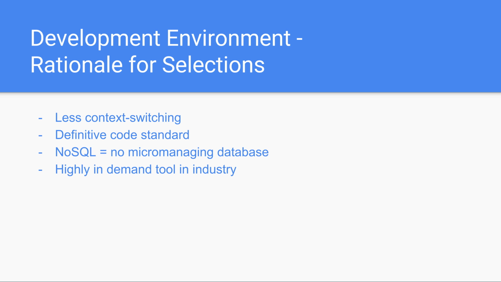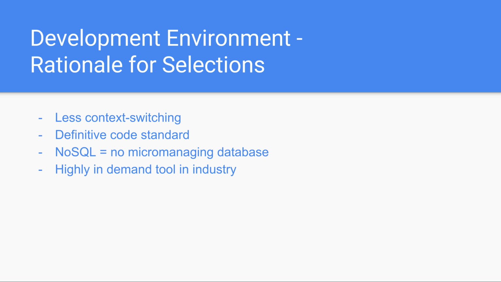with JavaScript, and that makes the development effort significantly easier on the team. Secondly, because they all use JavaScript language, there's very little context switching between the server side and the client side. Also, this allows for definitive code standard to be enforced on the project, ultimately increasing the quality of the product.